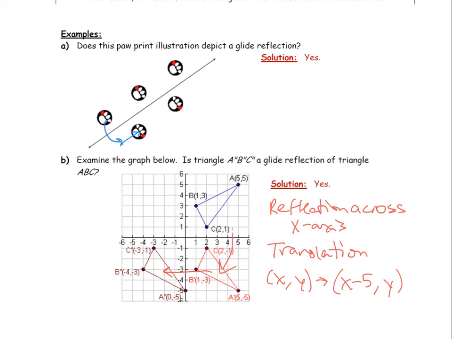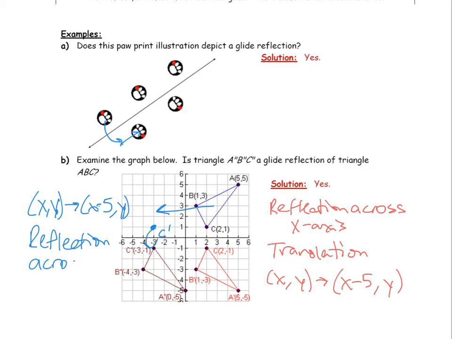If we took that original figure and did the translation first, so if we slid this to the left 5, and then when we got that image, C would go to there for C prime, then we can reflect it across the x-axis.